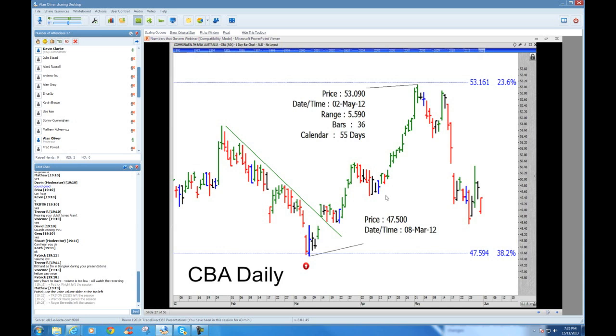Now you can see that there's that 38.2% level, and there's the $53.16 level. There's one of the last of those red arrows that we looked at previously. You can see the market was in a downtrend, and in March it got down to the 38.2% level. There again is my pattern, the outside reversal bar, a signal of indecision in the markets.